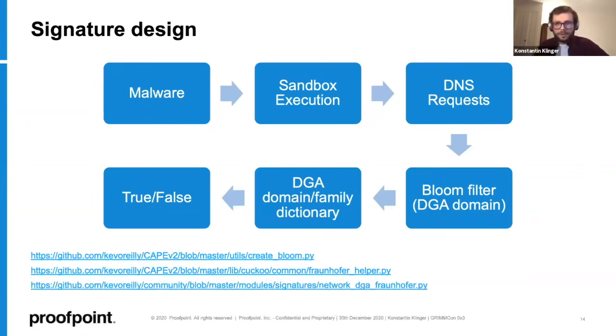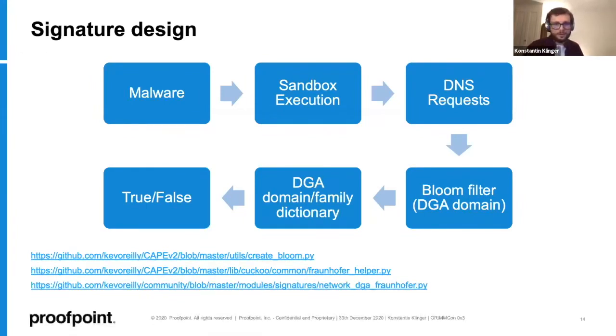In this way, we can connect the DGA domain to its malware family, and we can confirm that the hit from the first lookup is a true positive and not a false positive. This second lookup is slower, but it is only done for hits of the first check, and therefore you don't have it really often, and not for every DNS request of the sandbox run.